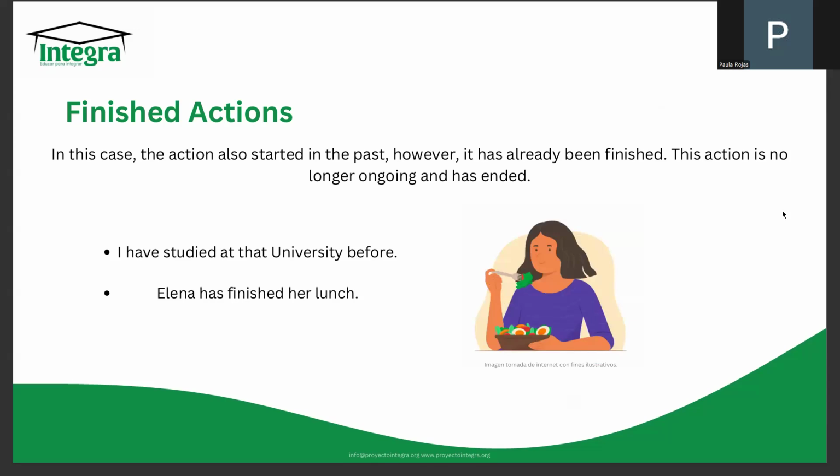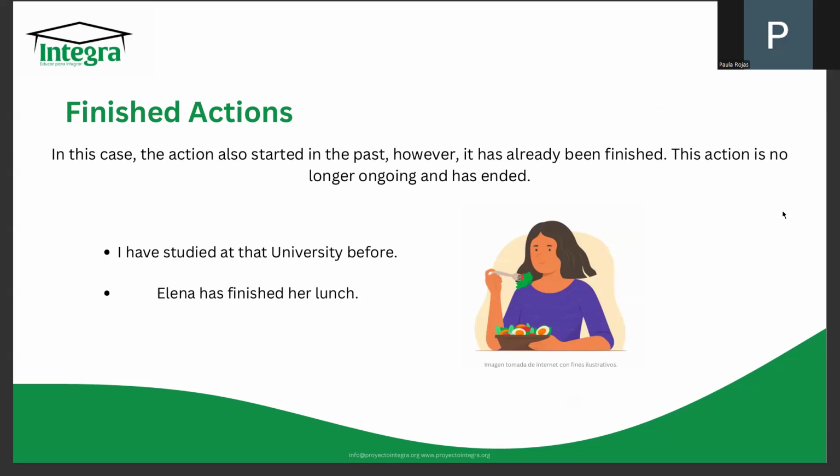Then we have finished actions. In this case, the action also started in the past. However, it has been finished. So this action is no longer ongoing and has ended. But we usually use this. It's very common when the action has very recently ended. Okay, we have examples. I have studied at that university before.